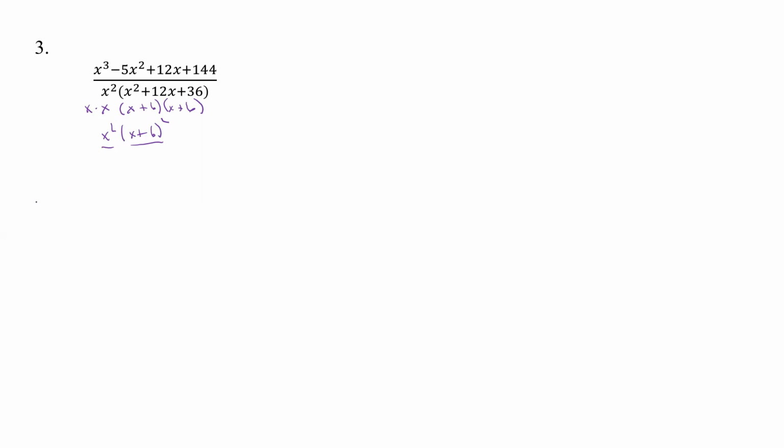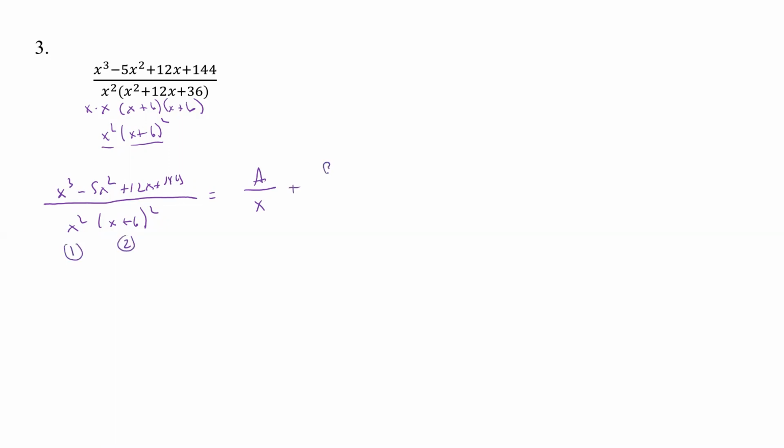And so that gives us x cubed minus 5x squared plus 12x plus 144 all over x squared times x plus 6 squared. So we're going to have a over x, if we consider this number 1 and number 2.